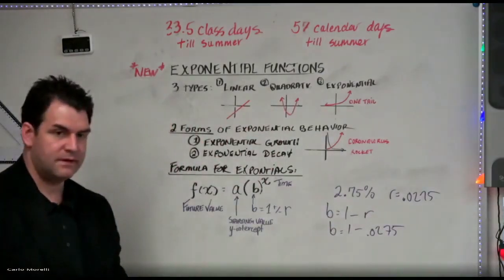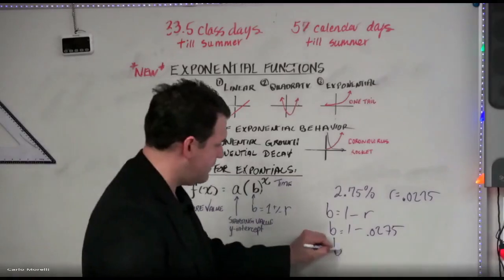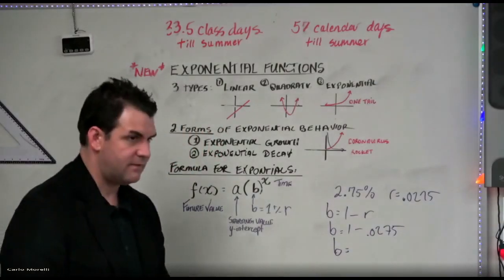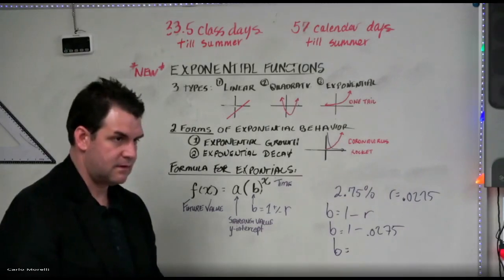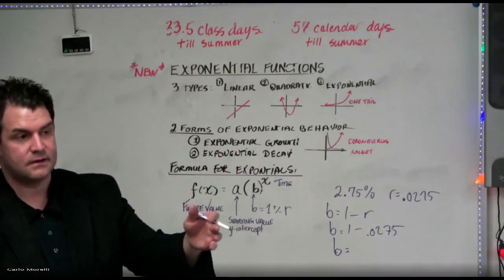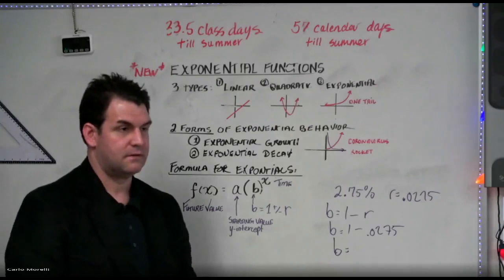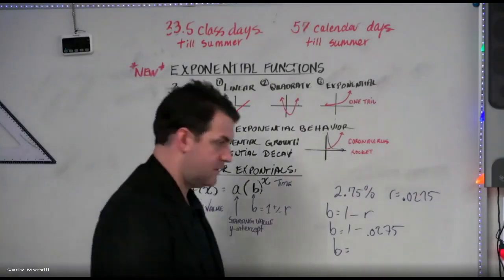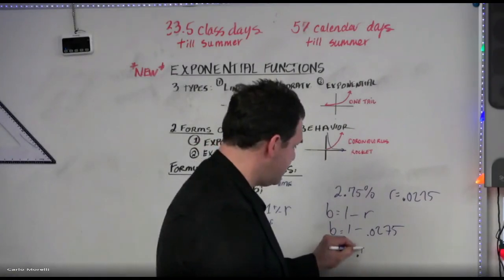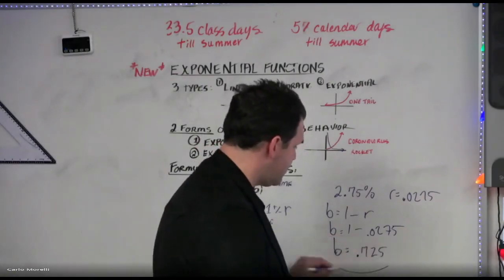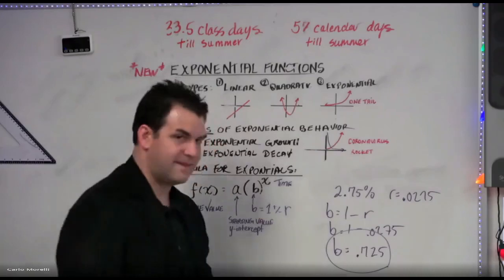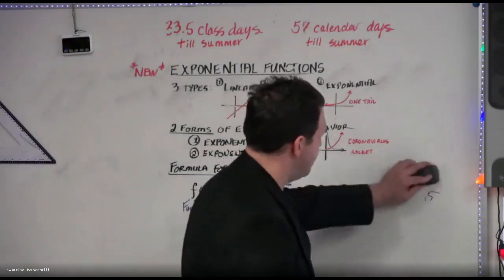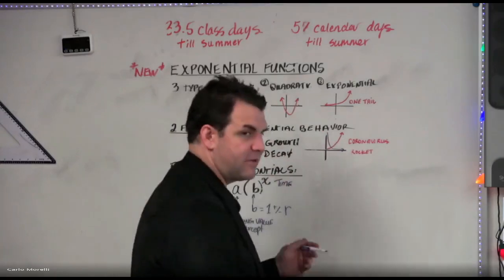Tell me what B is equal to. 1 minus 0.0275. Do it in the calculator. You got to get one. You know where they are, right? What is it? 0.725. Is this less than 1? It's decay.